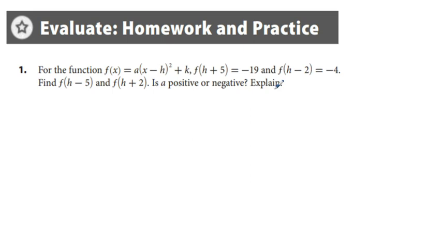So one thing we have for the vertex of a quadratic function in this vertex form is that the vertex is going to be the point h comma k, or when they write it like this, h comma f of h.